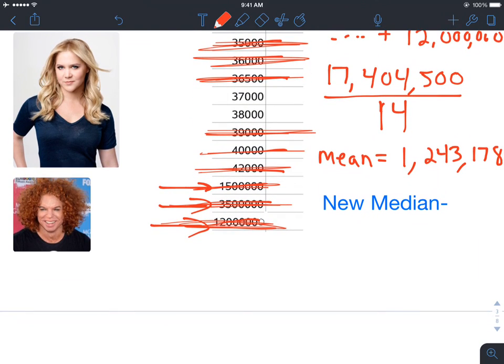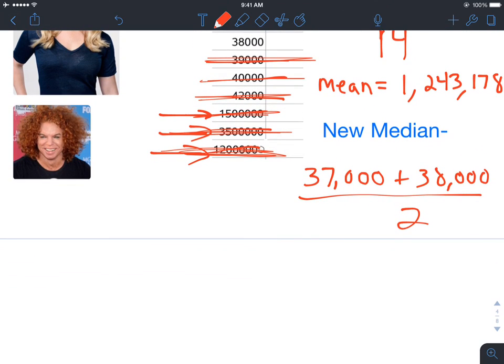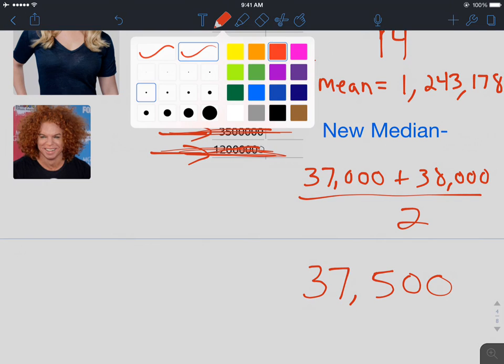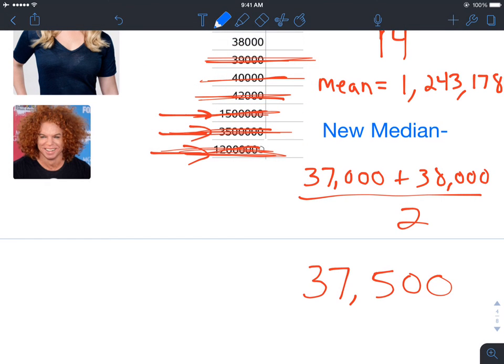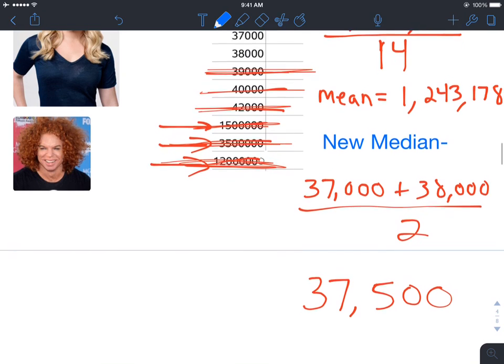So to find the median here, I have to take the average of these 2 numbers. And if I do that, my median is 37,500. Notice my mean and my median are very far apart now.